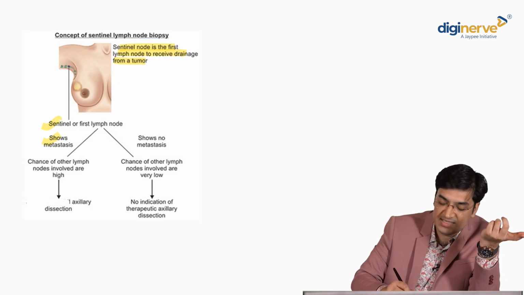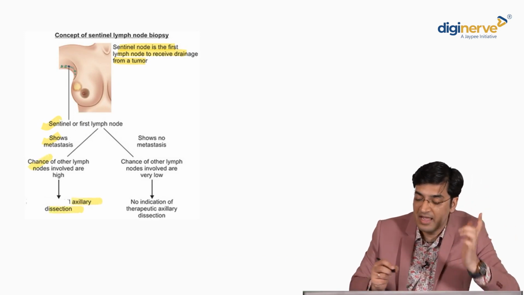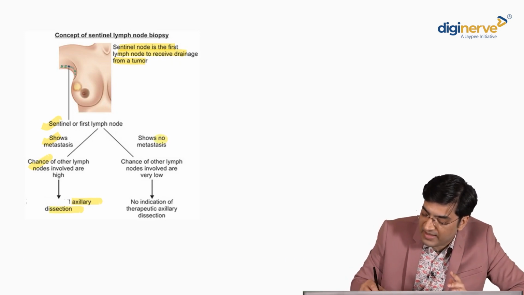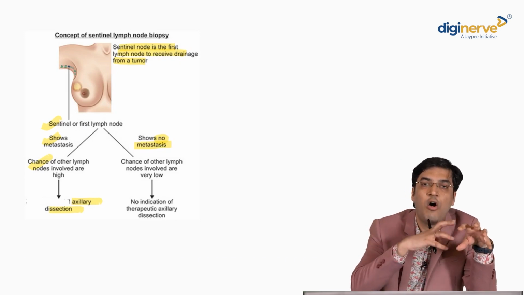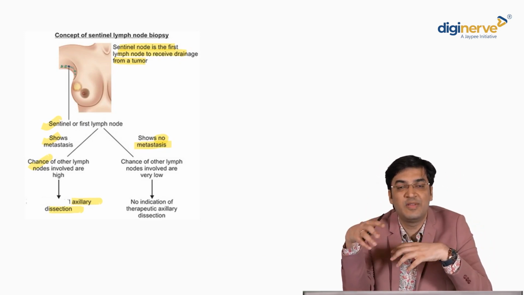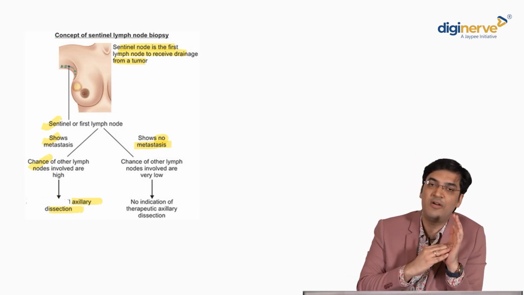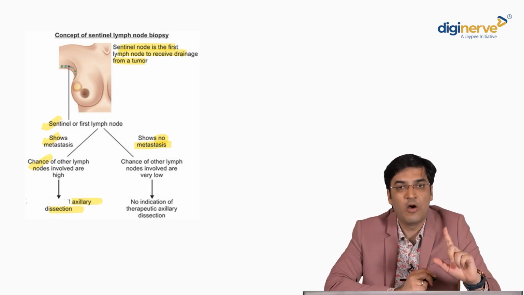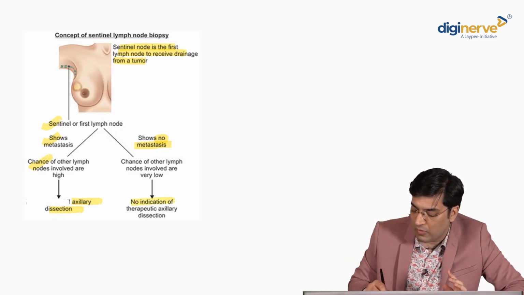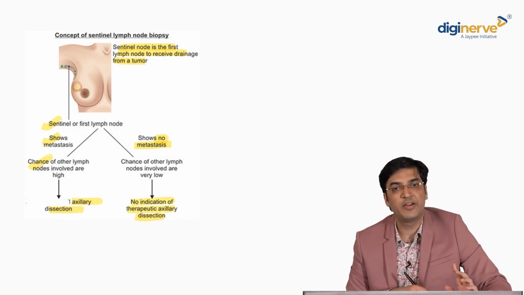Yes, there are significant chances, and therefore you will need axillary dissection in such a patient. But if no metastasis has taken place, there is a very low likelihood of metastasis to the other lymph nodes as well, because that is the gatekeeper. If that is not involved, the chances of the others behind it are less likely also. So you don't need to go for an axillary dissection in such a patient. I hope you got what I'm trying to tell you.